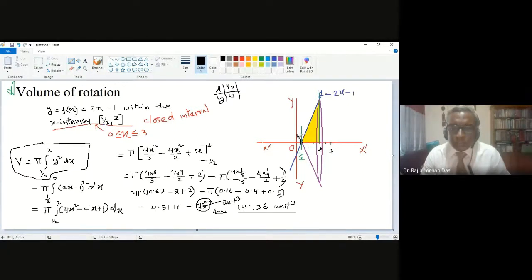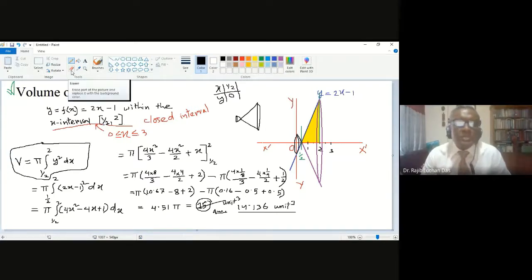So the 3D shape will be one type of cone on the right side, and there will be another small cone on the left side also. That is also a possible calculation, nothing wrong.